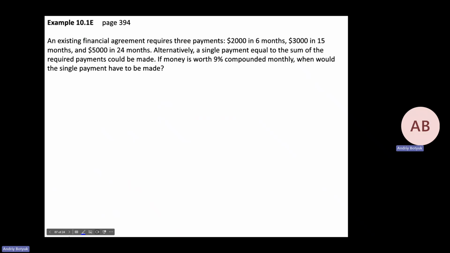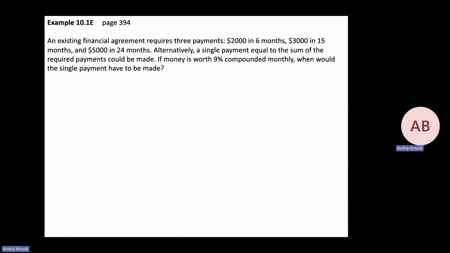An existing financial agreement requires 3 payments. So did I answer your question? Yeah. Oh, okay. It requires 3 payments, 2,000, 3,000, 5,000. Alternatively, a single payment equal to the sum of the required payments could be made.